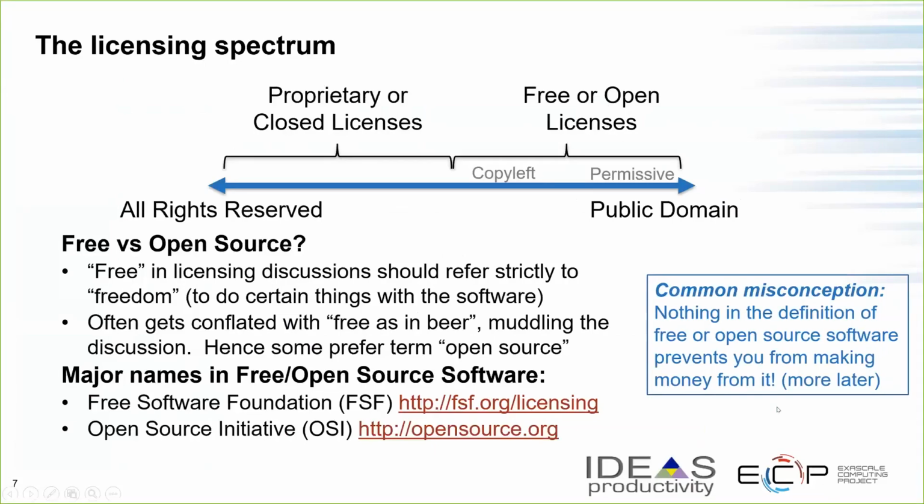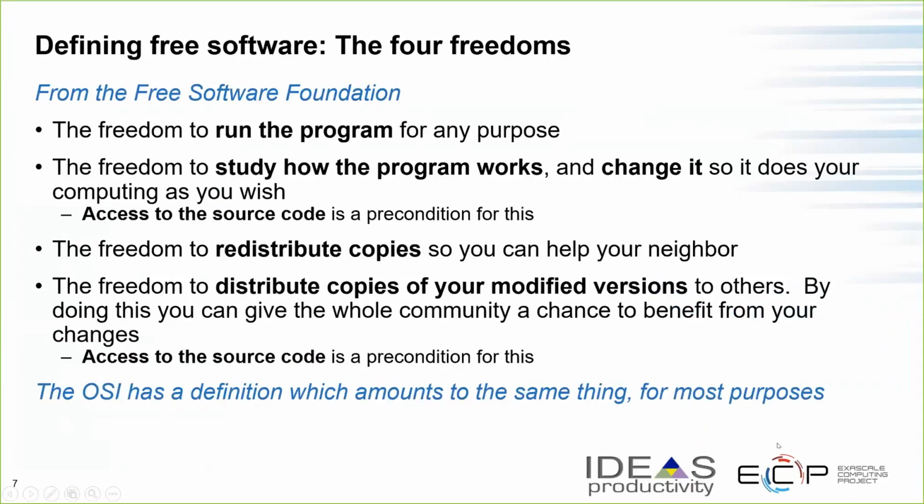That's fine. Okay, so what is free software? Well, the Free Software Foundation defines the 4 freedoms. That's the freedom to run the program for any purpose, the freedom to study how the program works and change it to do something different if you wish, the freedom to redistribute copies of the software unmodified, just as a convenience to help your neighbor, for example, and the freedom to distribute copies of the modified versions that you've made so that others can benefit from your changes to the code.